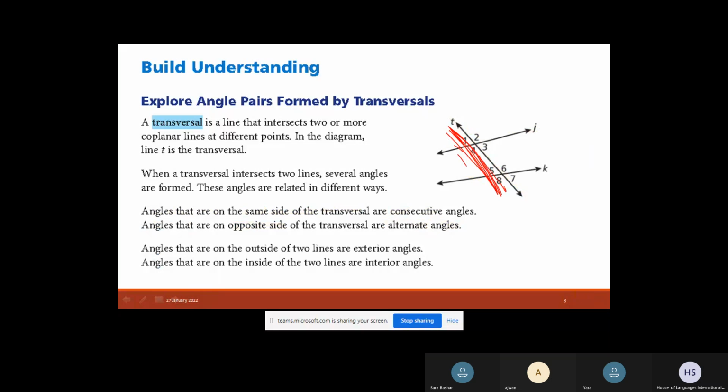We look at angles on the same side, meaning all of them are on the left, like 2 and 3, 6 and 7. These are consecutive angles. You must understand them very well. Do you know what I mean by consecutive angles? Yes, angles at the same side.